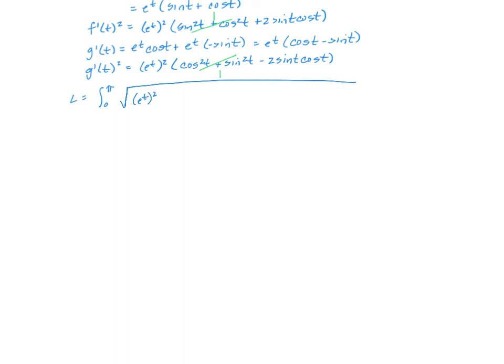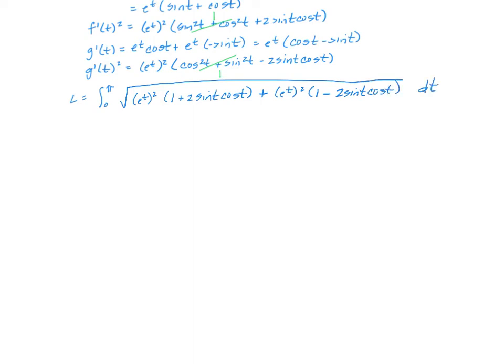So for me, it's easier to see that way. In parentheses, 1 plus 2 sine cosine, plus g prime squared, which is e to the t squared times 1 minus 2 sine cosine, dt. I never make my bar long enough.